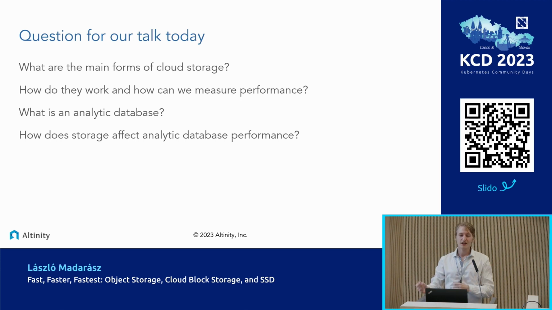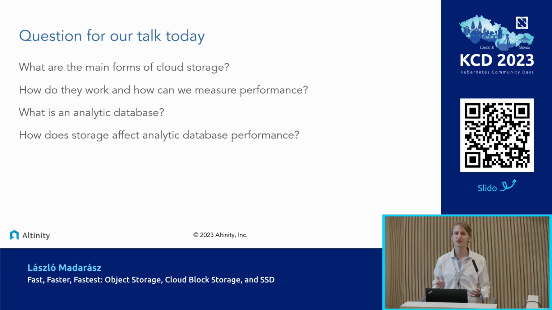So you can see a few of the main questions that we are going to have today. First, I'm going to introduce three main forms of storage that we can encounter in the cloud. I'm going to bring examples from Amazon, so the product names will be from Amazon.